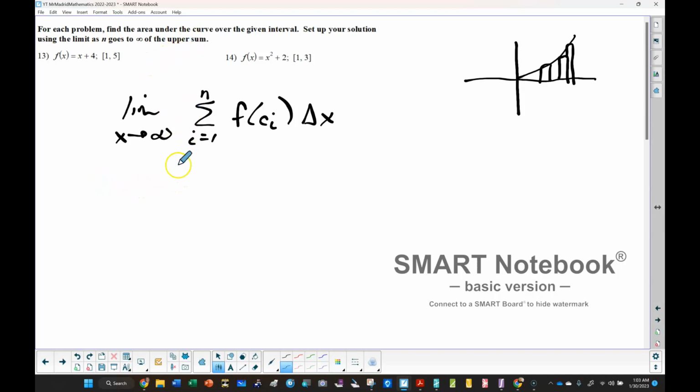Again, they want the upper sum, so follow along here. Let's set that up for our case. Our function is x plus 4. As far as x, we're going to be working from 1 plus... change of x is going to be what?